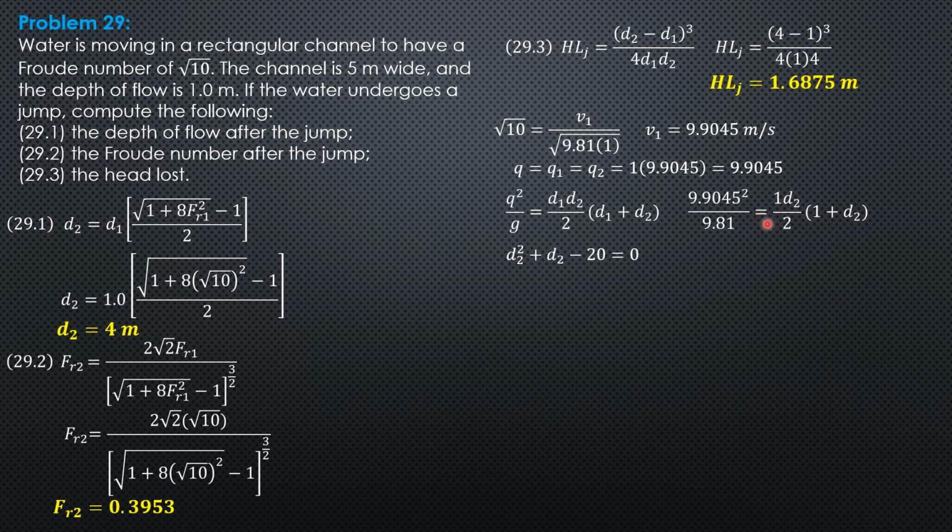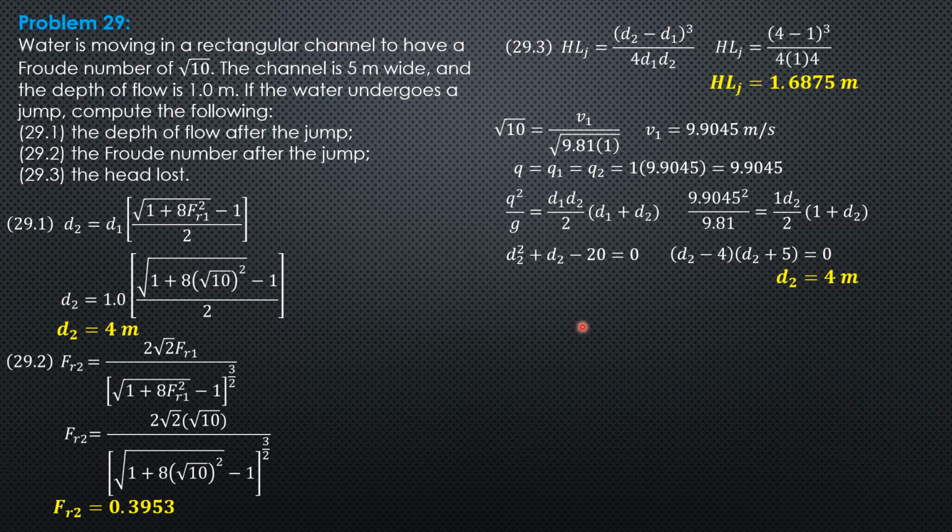This is 2 times 9.9045 squared over 9.81, which is 20. Then simplify equals 0. So factor: depth 2 minus 4 times depth 2 plus 5 equals 0, because we can easily factor that. Depth 2 cannot be negative, so depth 2 is 4 meters, just like this. Or use your calculator to solve this quadratic equation.